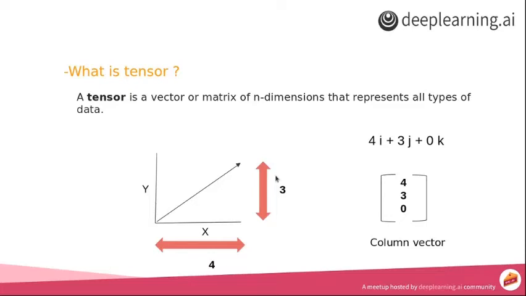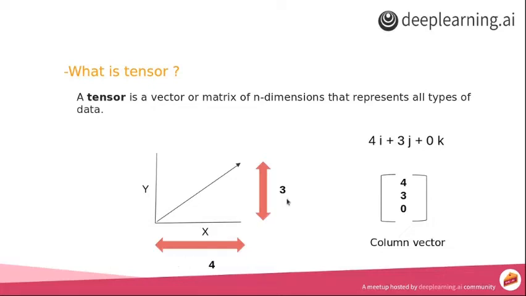Let's assume I need to go 4 units in the x direction and 3 units in the y direction. And if I assume x direction as i cap and y direction as j cap, then I can say I need to go 4i units in the x direction and 3j units in the y direction.